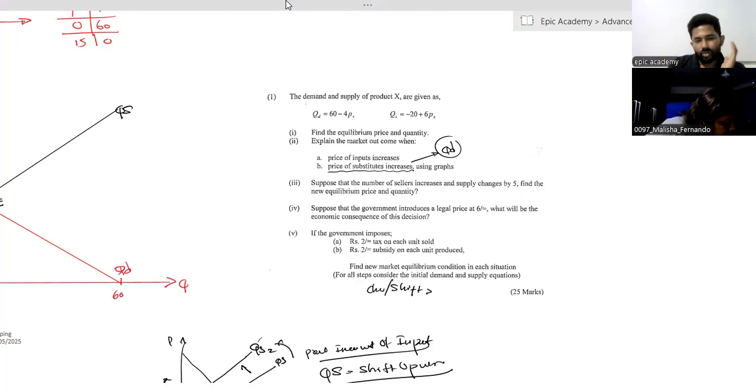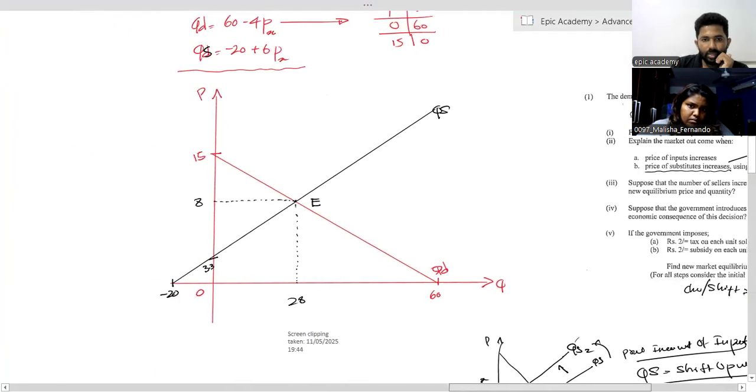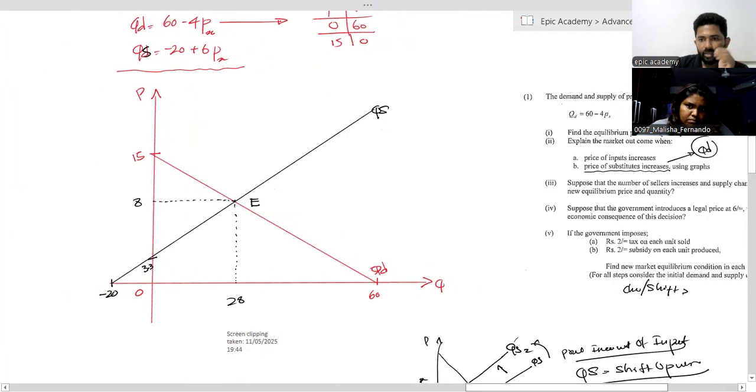Okay, so let's go to the first step. When the price equals 8 rupees, that is the early situation.